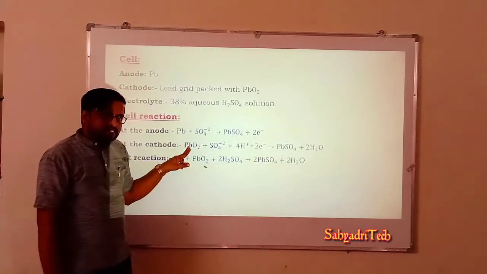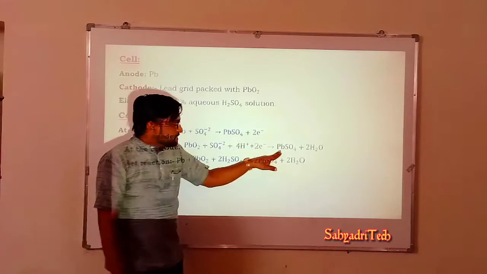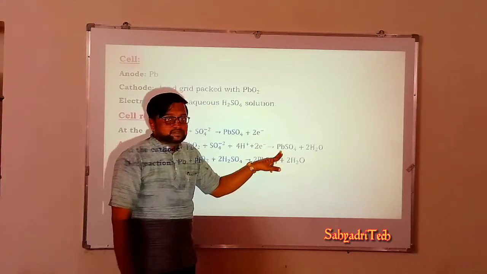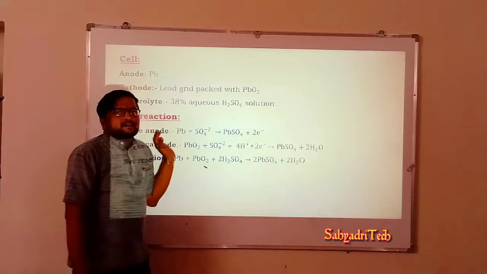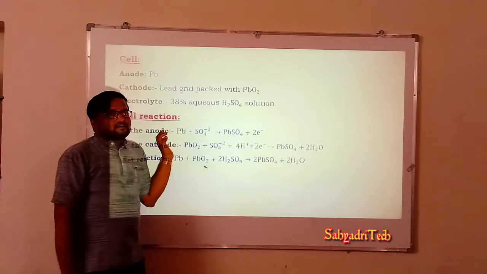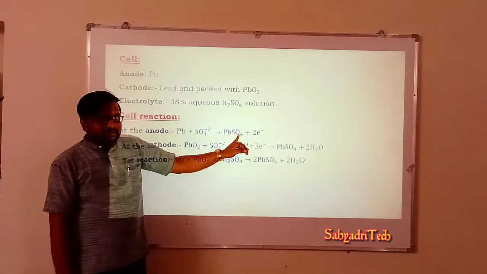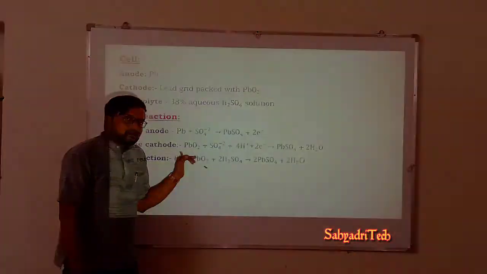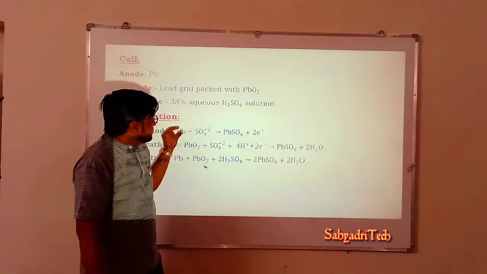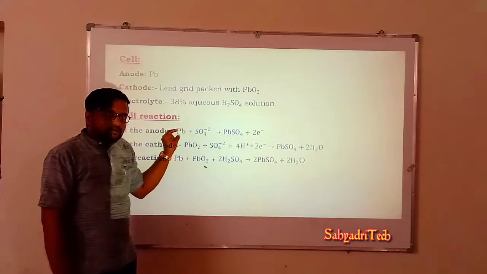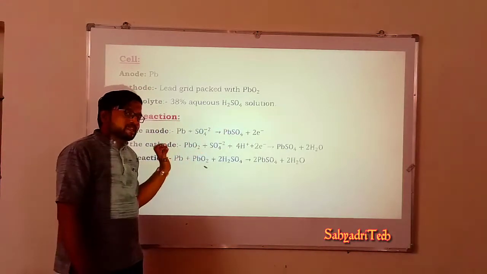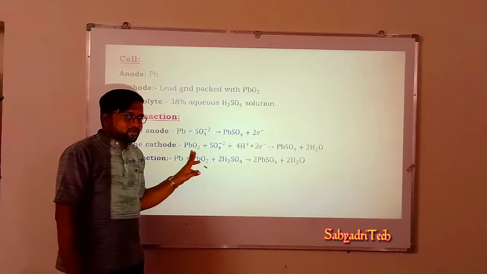In PbO2 lead is present in plus 4 oxidation state, in PbSO4 lead is present in plus 2 oxidation state. So at anode lead oxidizes, but at cathode lead dioxide undergoes reduction.